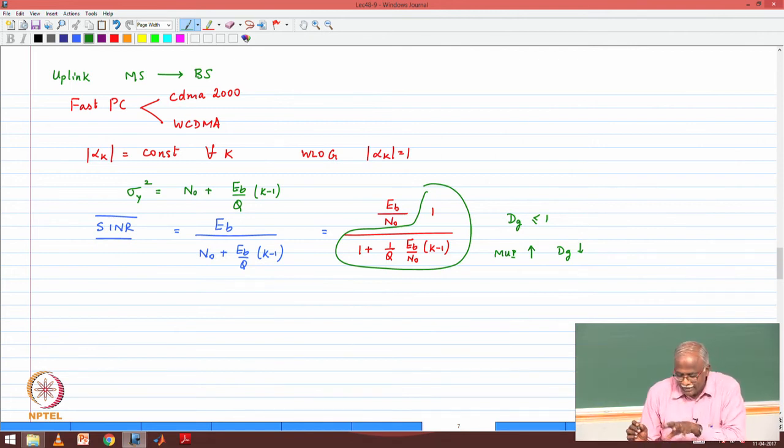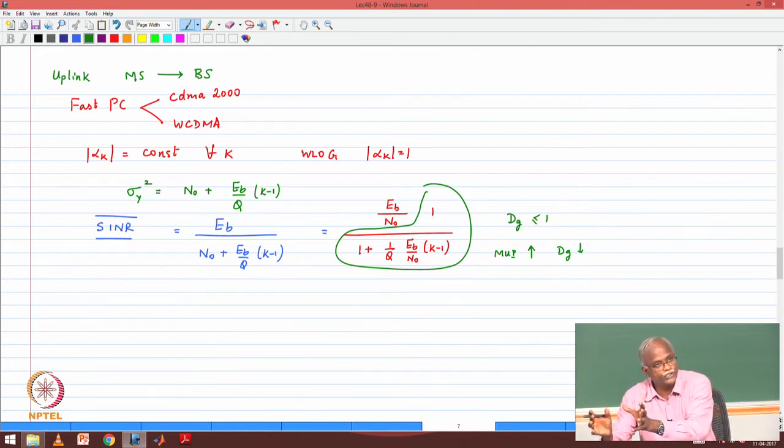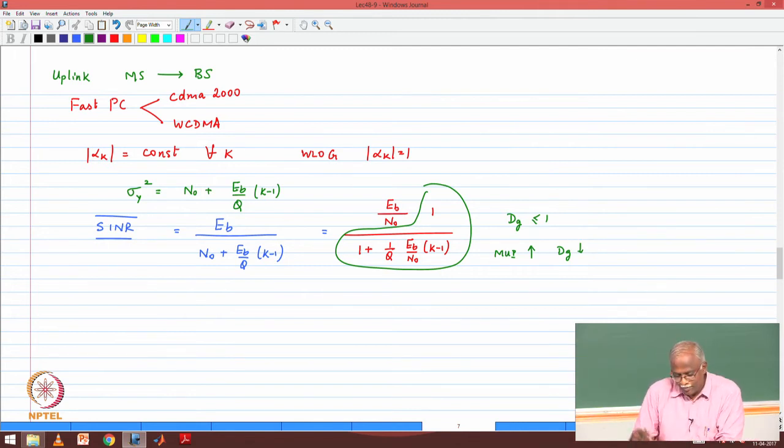So again, you can see the relationship between the number of users and your spreading factor. If you reduce your spreading factor, what will happen? You will hurt yourself again, because the degradation parameter is going to become smaller. So all those things can be understood in this fashion.